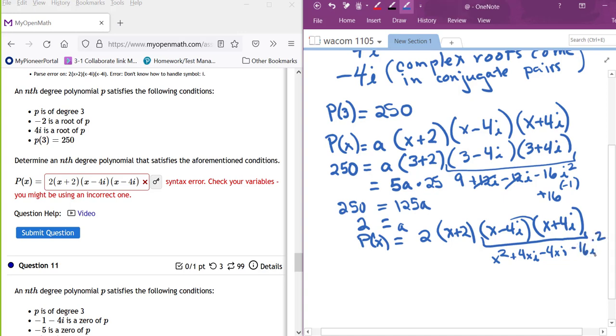And i squared gives you negative 1 times negative 16 is plus 16. These go out. So x squared plus 16. And you remember those, that won't factor. And so that's the kind of answer you get out.